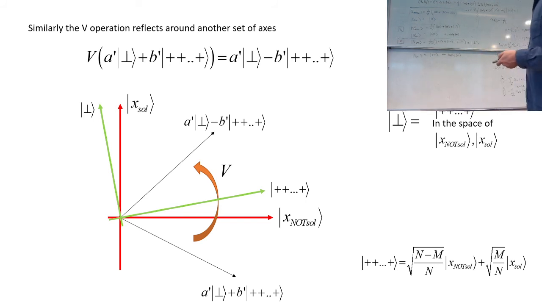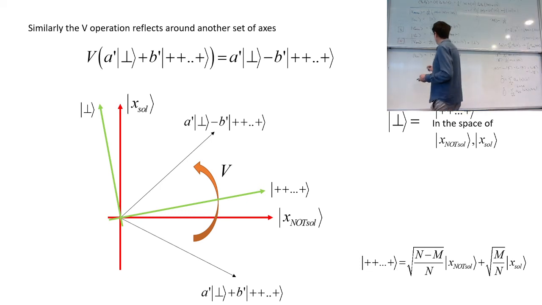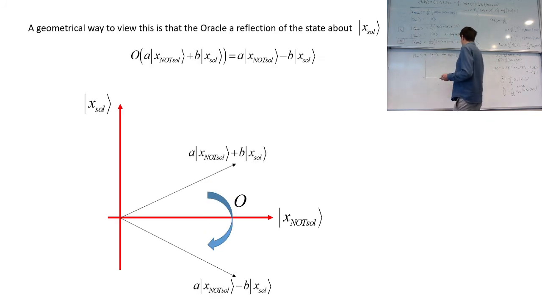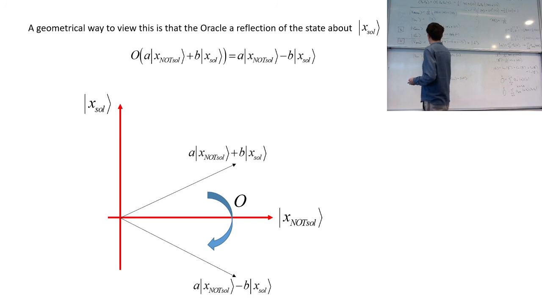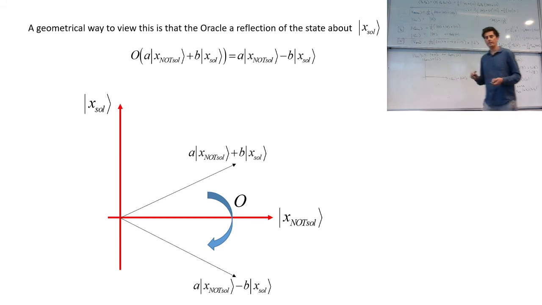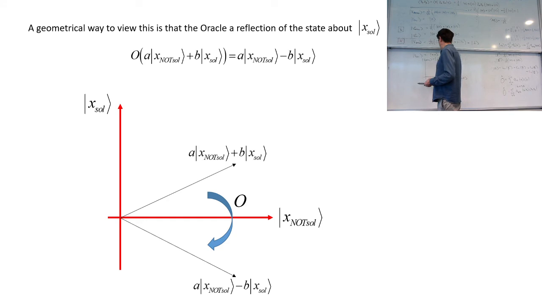And so with exactly the same argument as on the previous slide, if I draw my V sol, which is actually just plus plus, and the V not sol, which is actually equal to this perpendicular thing, then, okay, so this time let's start this way.